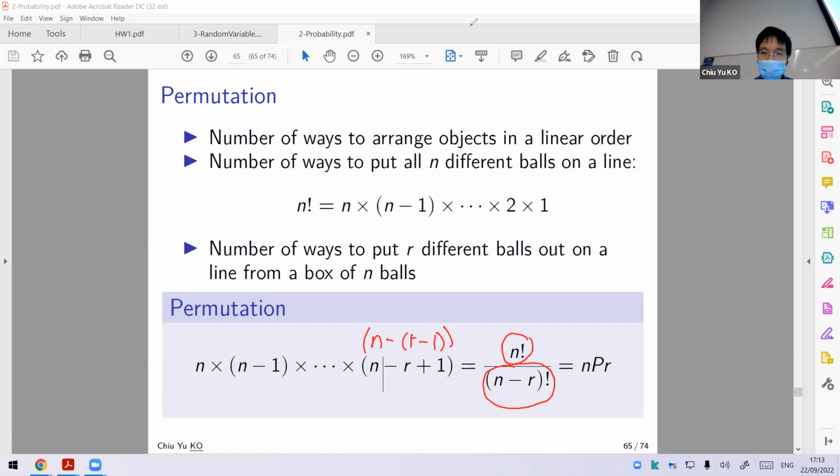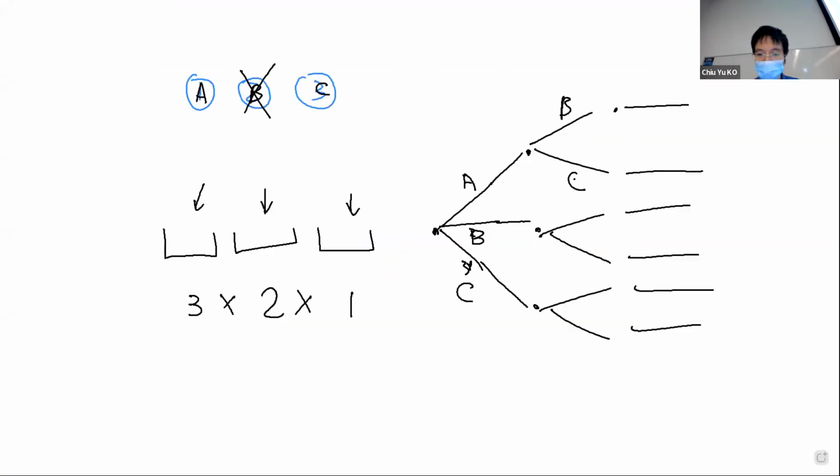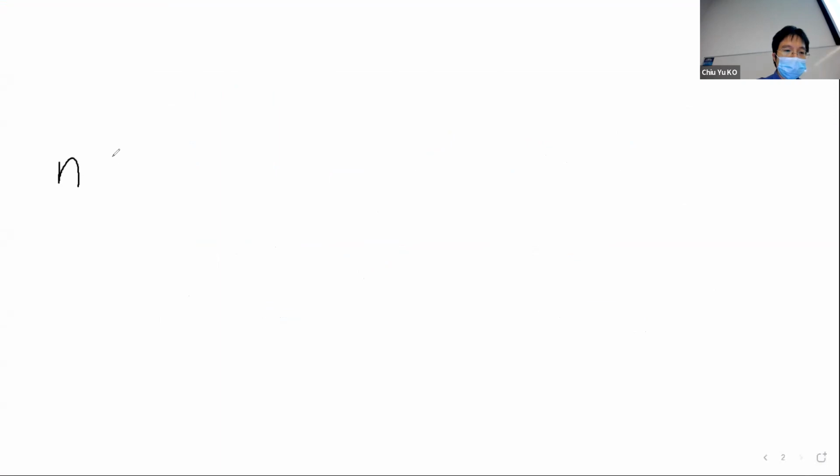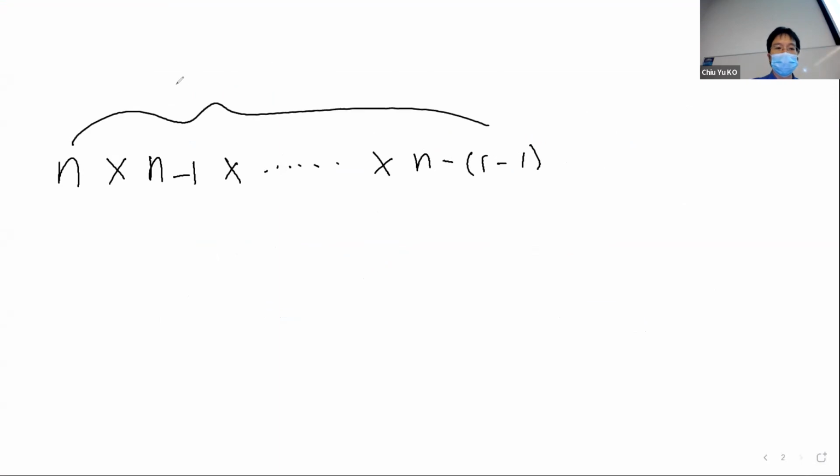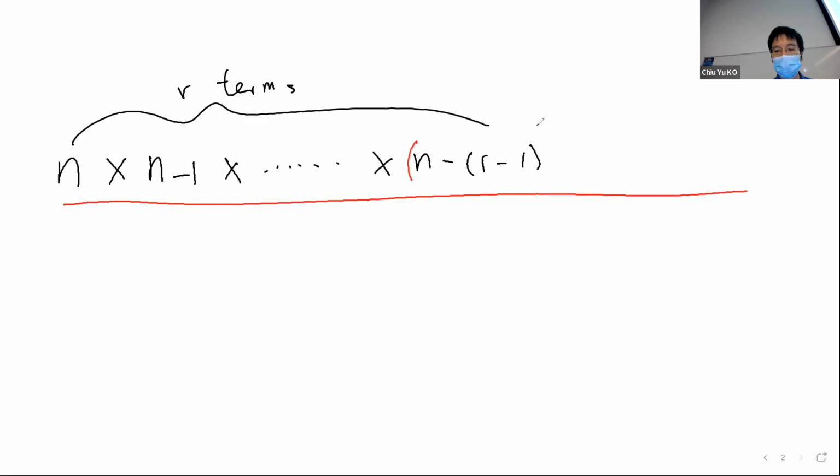I see some of you don't believe me, so let's open another one. You have n times n minus 1 times and so on, times n minus r plus 1. There are r terms in total, since you start from 0 and go to r minus 1. What we're going to do is the following: you can keep multiplying by n minus r, and so on, up to 1.